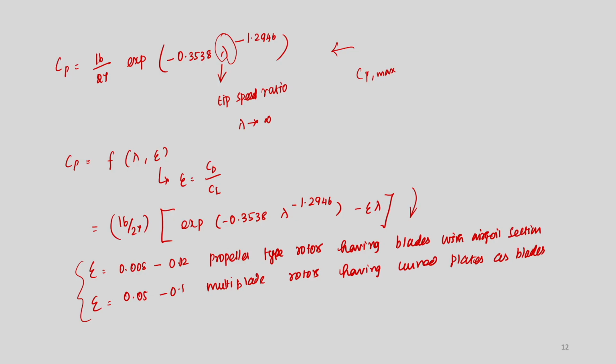One thing I forgot to mention when explaining this epsilon, which is CD upon CL, drag coefficient upon lift coefficient: this is valid only when lambda is greater than 1. So, that limit is also there. These two formulas would be used for practice problems by Professor Goud.